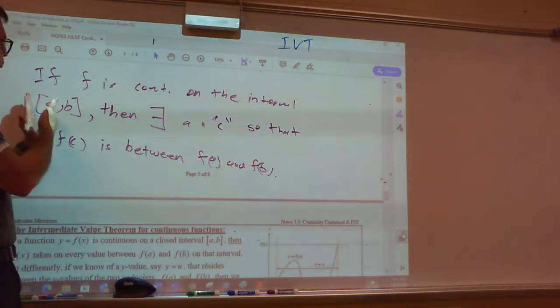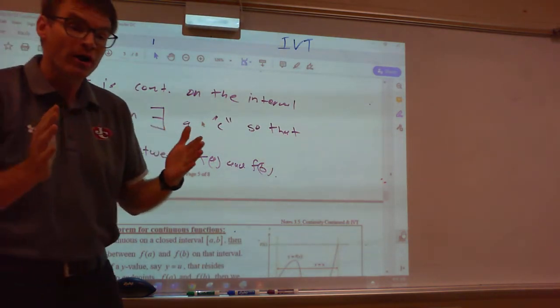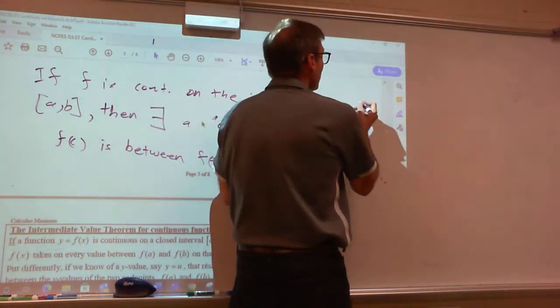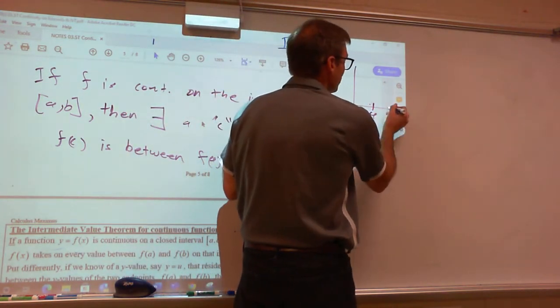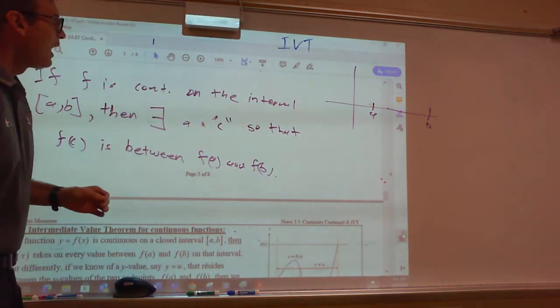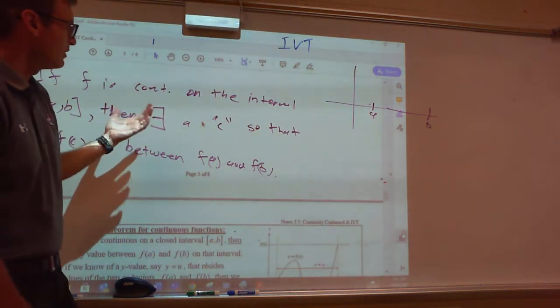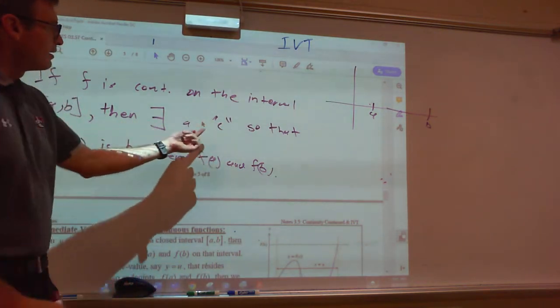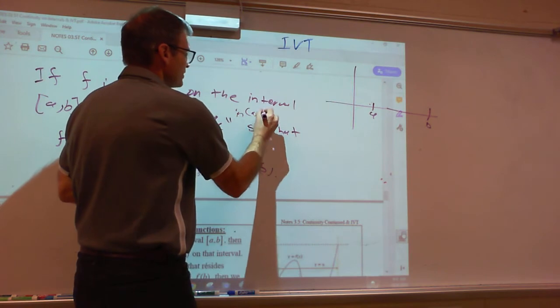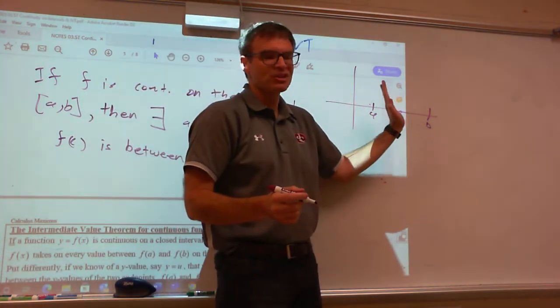When they talk about an interval, these are x values. So if we're drawing, it doesn't have to be continuous everywhere, but it does have to be continuous. Here's an x value of A, here's an x value of B. And there is a C, I'm going to say in the interval AB, I forgot to say. So there's a magic C.